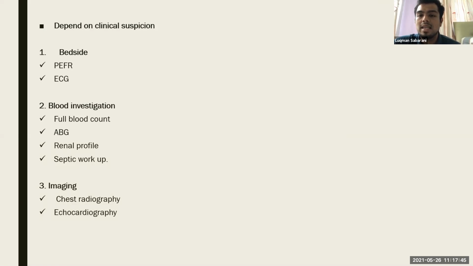And then imaging, especially chest radiography, to look for any abnormality, for example consolidation, and also echocardiography if we suspect the patient has heart failure.